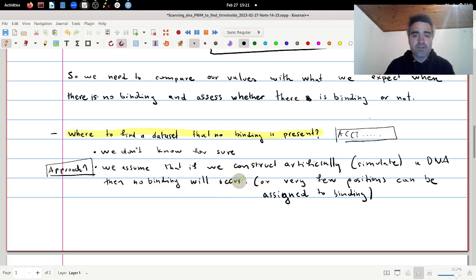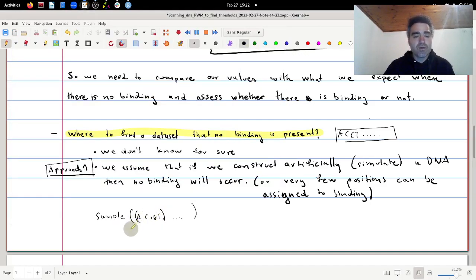Now this assumption is valid because if we artificially construct a DNA, then probably it will be via some sampling approach where we will sample randomly letters, say CGT, and by sampling of these letters we will construct a DNA. Of course, we can sample with equal probabilities each letter, or we may sample with different probabilities every letter.